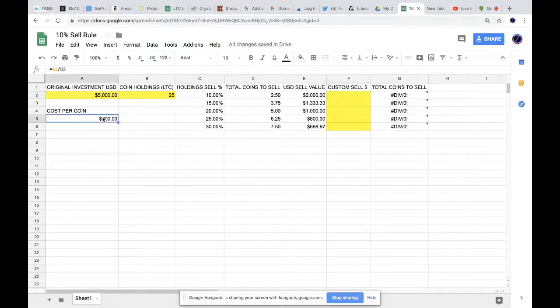It's also good to see where your dollar cost average is, which will populate itself down here for you. So again, take John's advice. That guy's smart. He knows what he's talking about. 10 to 20% is going to be your range.